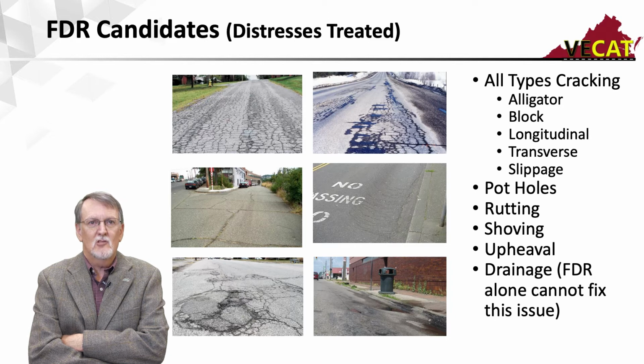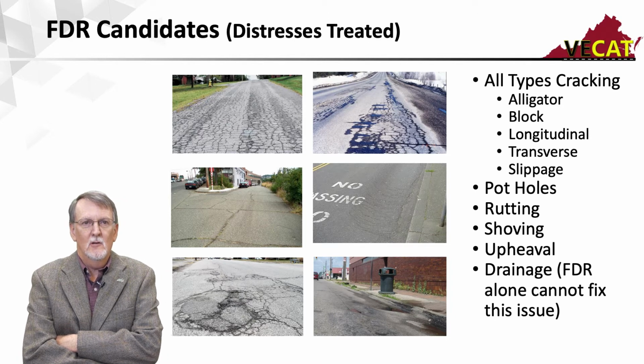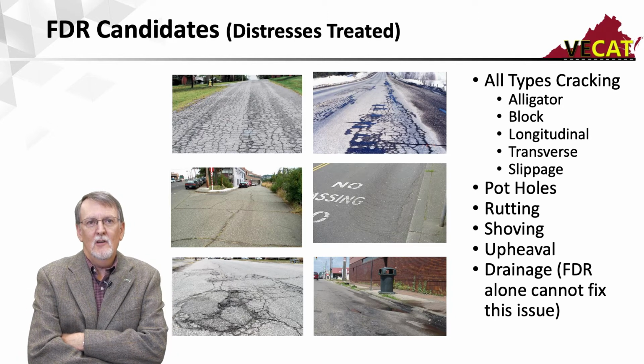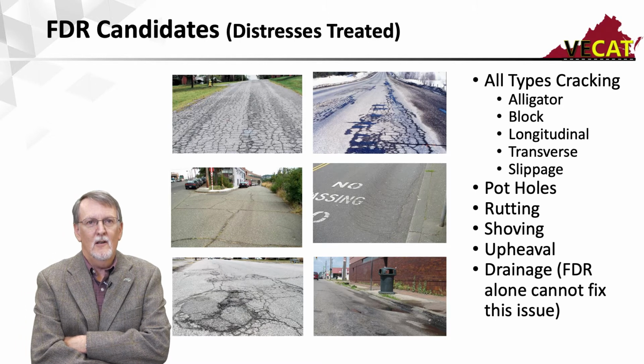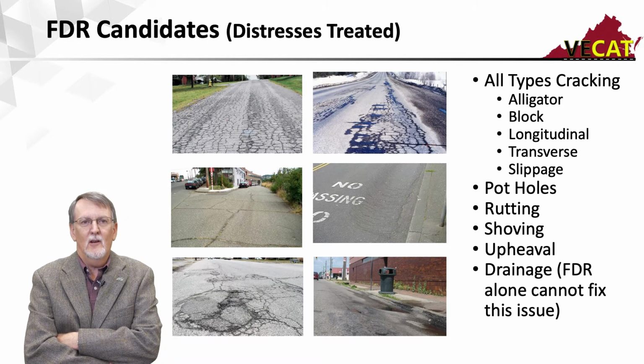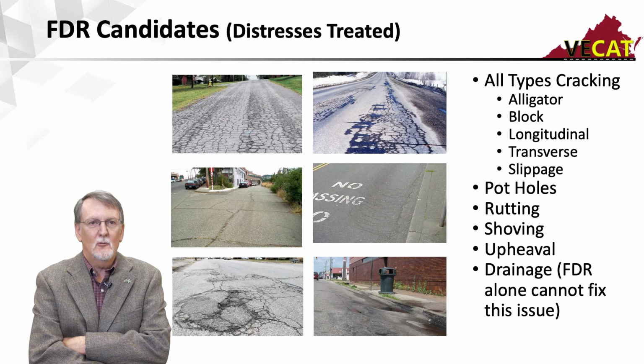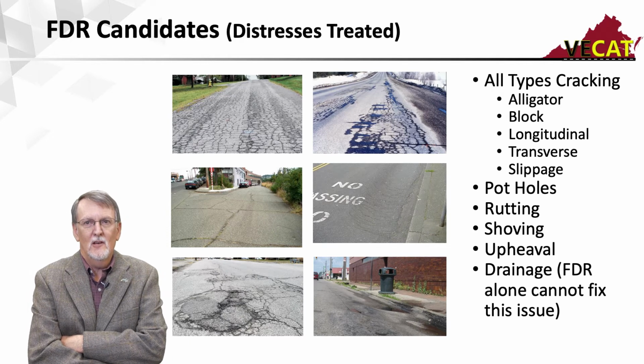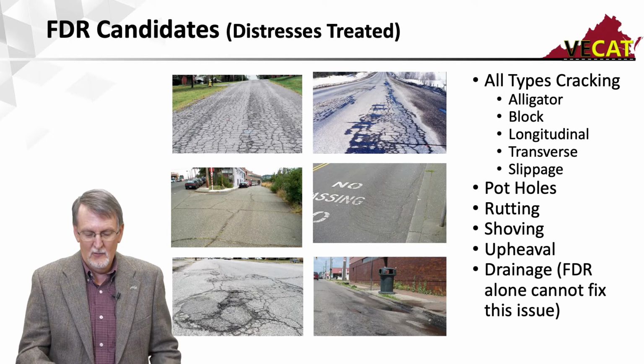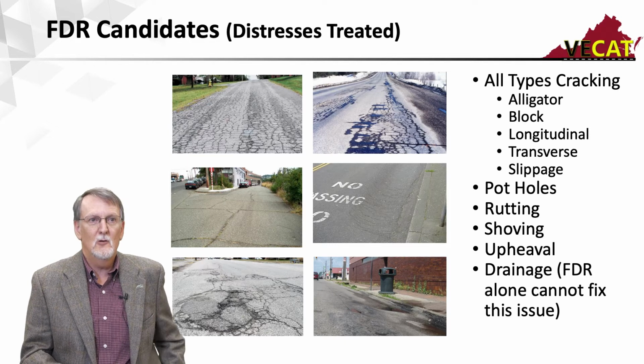Potholes, rutting, shoving, pavement upheaval. I can handle pretty much any distress except one: FDR alone will not fix a drainage issue. But that's no different than any other maintenance or rehabilitation technique. If you have a drainage issue, that needs to be fixed first.